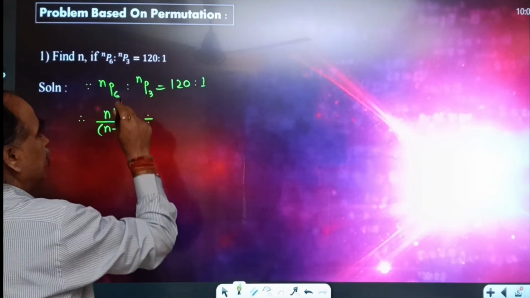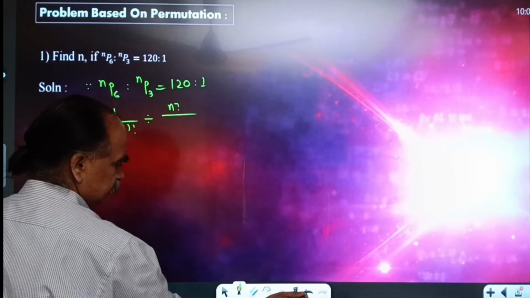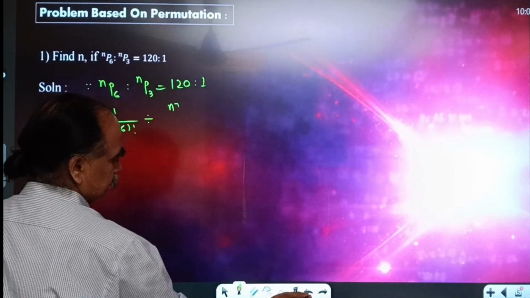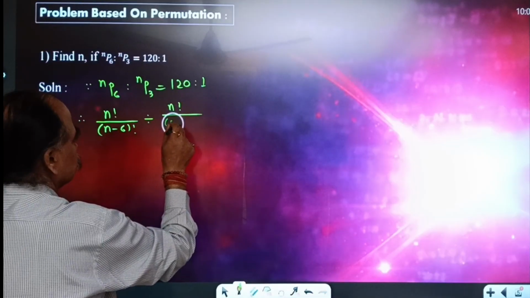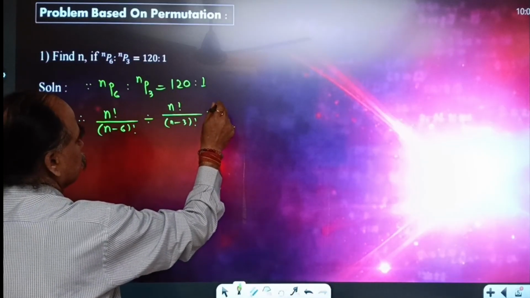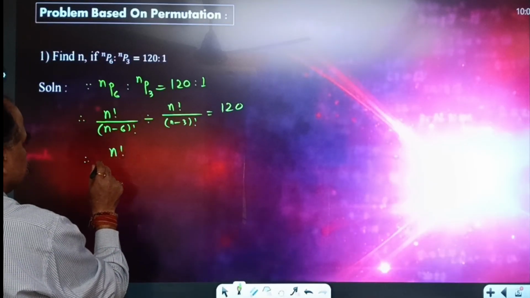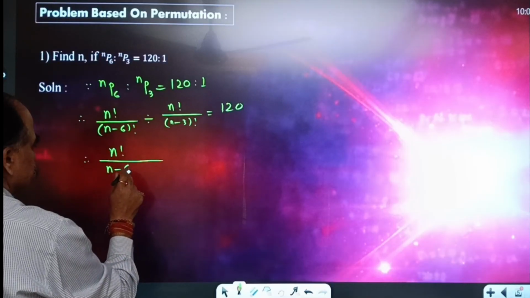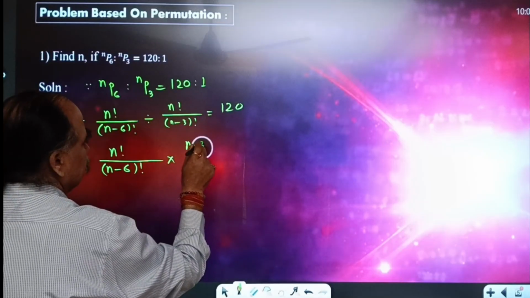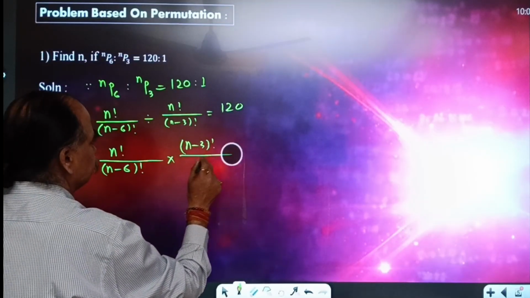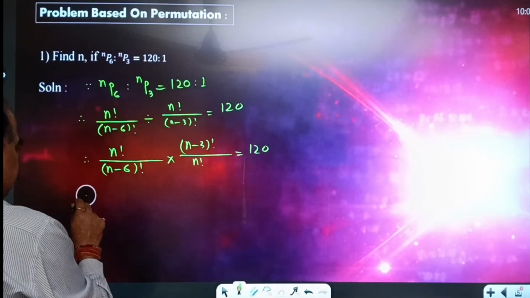Ratio means division. n factorial upon n minus 3 factorial is equal to 120, multiplied by n minus 3 factorial upon... now n factorial will get cancelled.